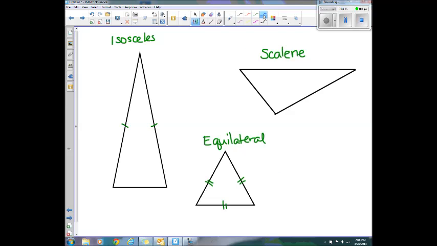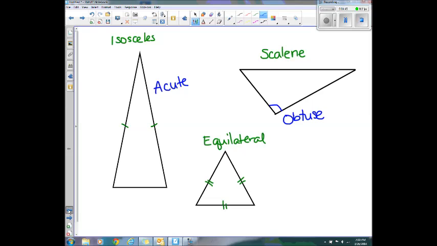Also, if all of the angles inside your triangle are less than 90 degrees, we call that an acute triangle. If at least one of your angles is greater than 90 degrees, we call that an obtuse triangle.